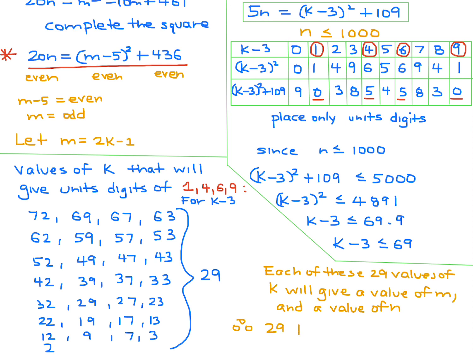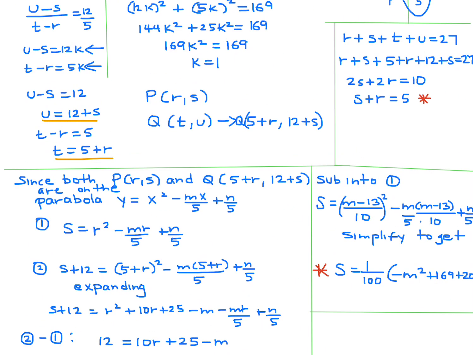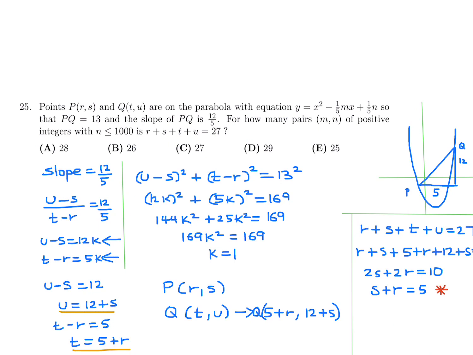Therefore, that would give me 29 pairs of the form (m, n). And that is the answer to the question: 29. So that would mean that for number 25, the answer is D.